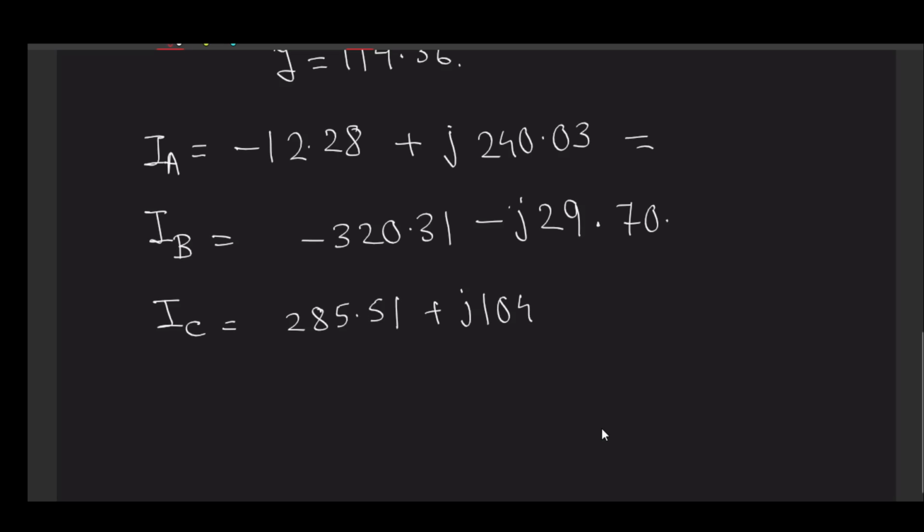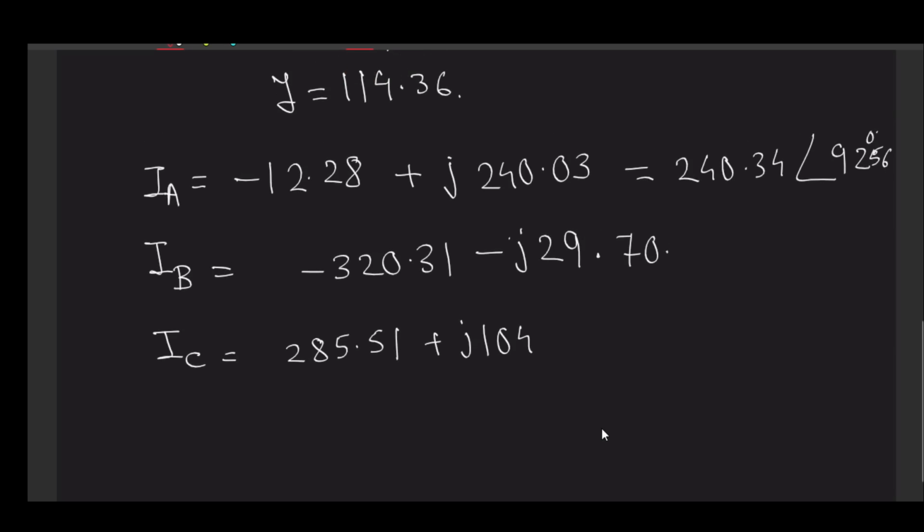If you convert them, you will get 240.34 angle 92 degree 56 minute, 321.7 angle 185 degree 18 minute, and 303.86 angle 20 degree 1 minute. So these are the magnitudes of current.